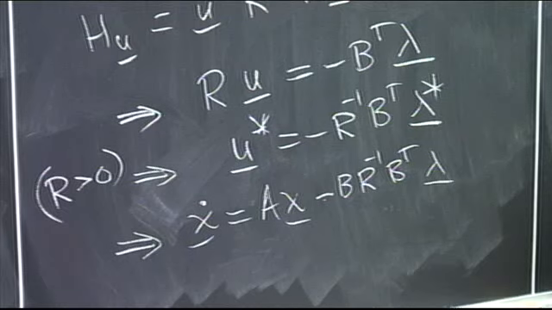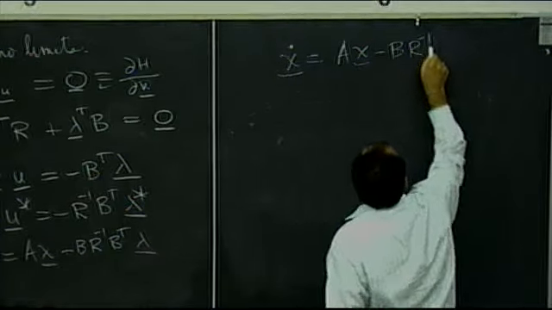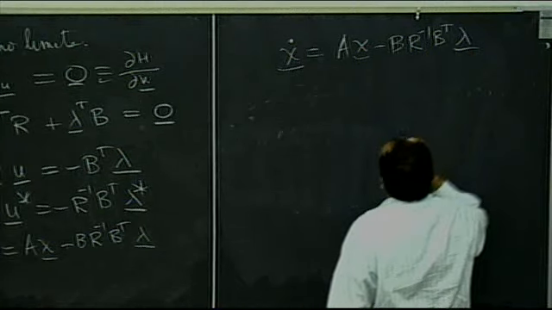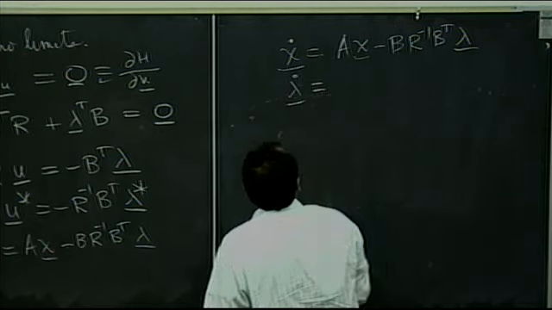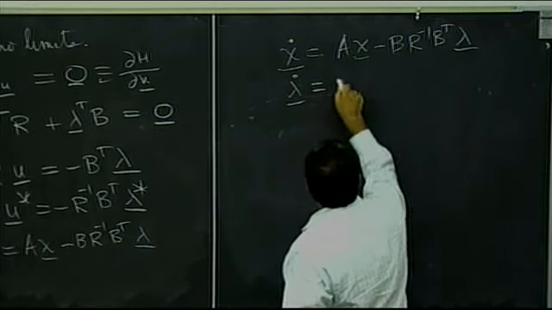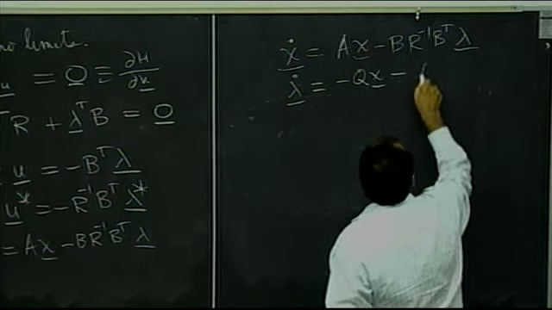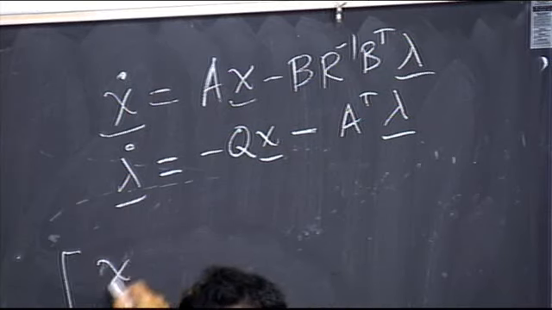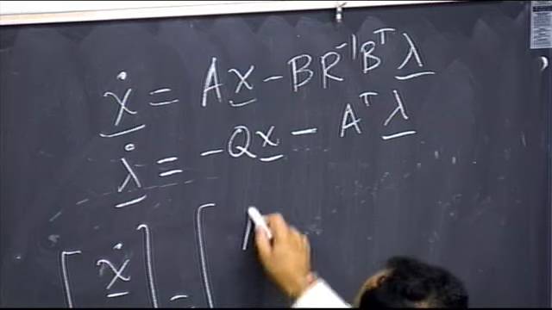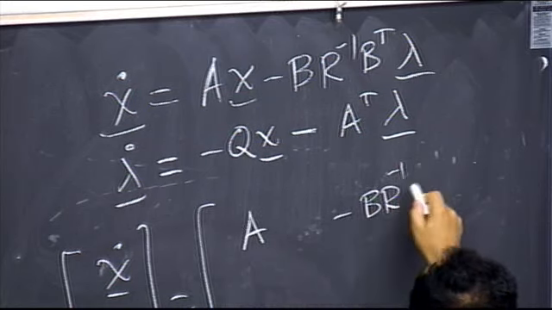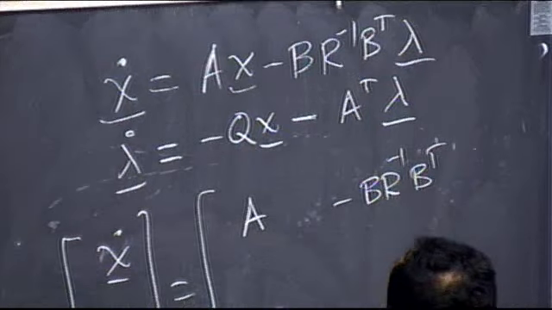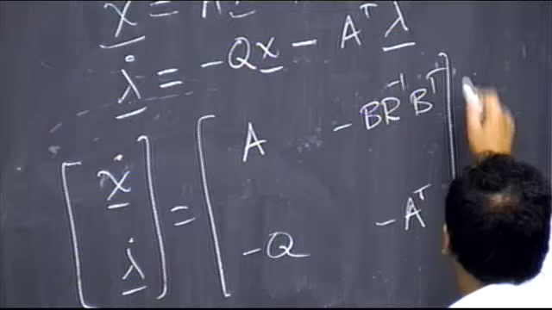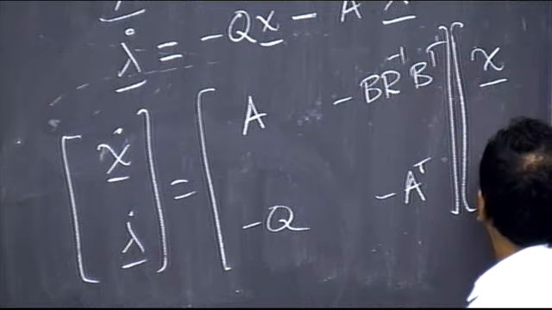So the equations that I've got now are x dot is equal to Ax minus B R inverse B transpose times lambda, and lambda dot is equal to, over here, minus Qx minus A transpose times lambda. If you write this in single vector form, you get A, minus B R inverse B transpose, minus Q, and minus A transpose. The whole thing gets multiplied by x and lambda.